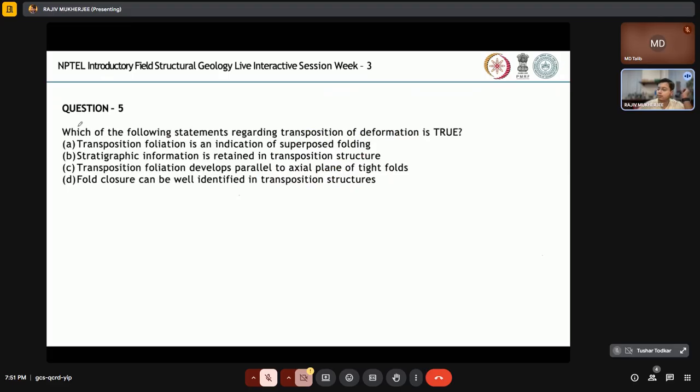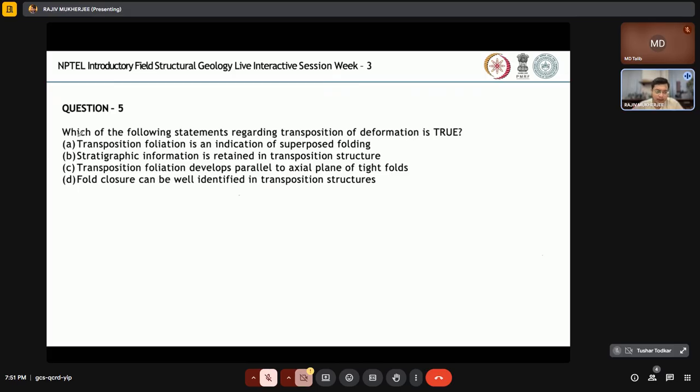Okay, so moving on to the next question, which says: which of the following statements regarding transposition of deformation is true? Option A, transposition foliation is an indication of superposed folding. Option B, stratigraphic information is retained in case of transposition structures. Option C, transposition foliation develops parallel to the axial plane of tight folds.